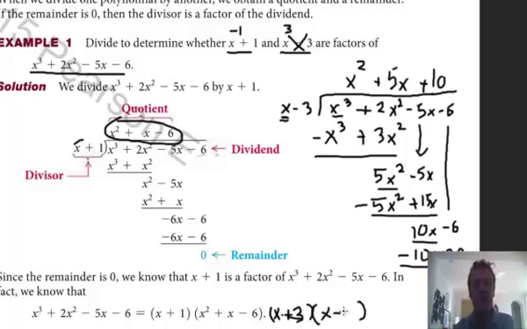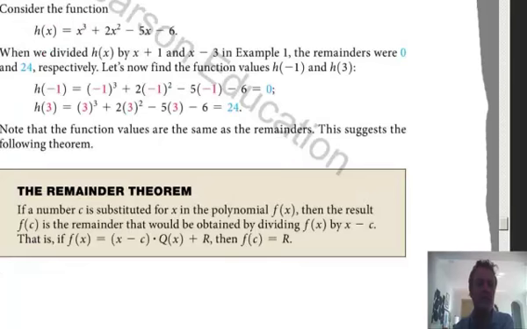Okay, that's just factoring a simple trinomial. So you see, x plus 3 was a factor and x minus 2 was a factor, not x minus 3. Okay, that's just me extending a little bit. Right, now then, we can do better ways of actually figuring out whether these are factors or not.